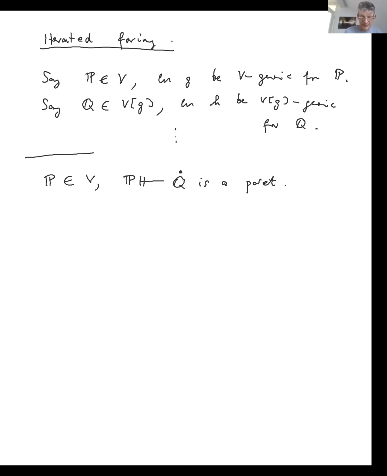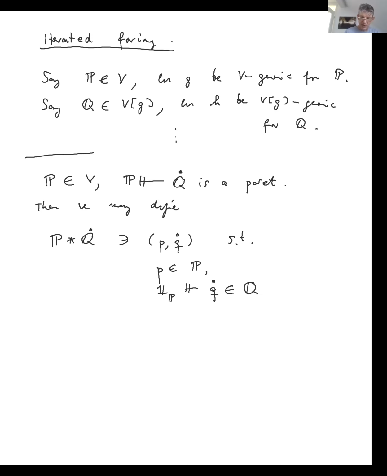And then we can define a poset which is called P star Q dot, and it consists of pairs (p, q dot) such that p is in the forcing P, right? And usually you say that the one of P forces that q dot is an element of Q dot.